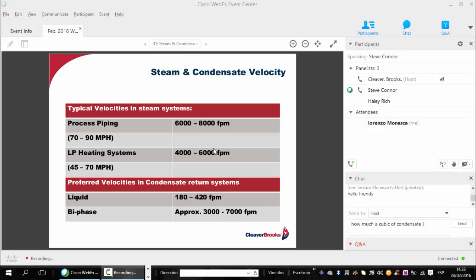And just like steam distribution piping, we need to keep condensate piping velocity in mind, which normally ranges anywhere from 3,000 to 12,000 feet per minute, with 3,000 to 7,000 being the preferred range, or lower than that. The lower the better, if larger pipe cost is not a factor.